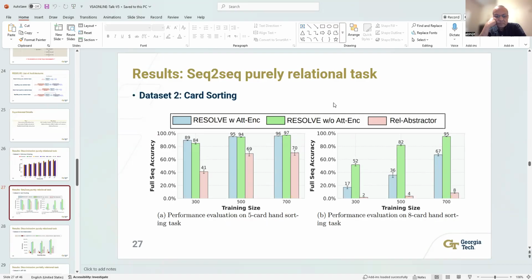One can observe that the ReSolve without the attention-based encoder achieves better results than the ReSolve with the attention-based encoder, and this is due to an overfitting problem resulting from the small training size.